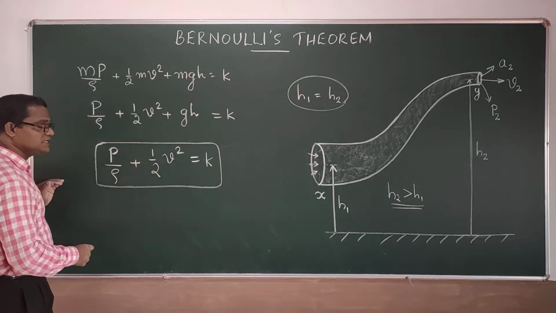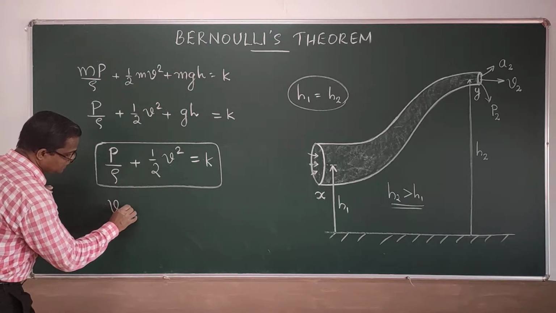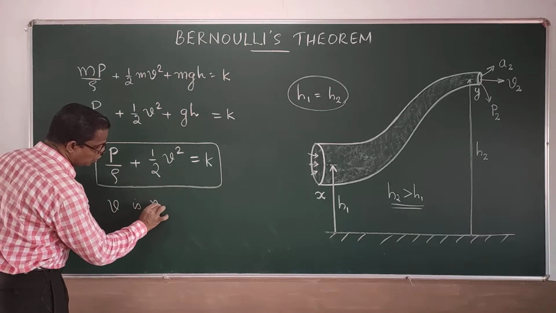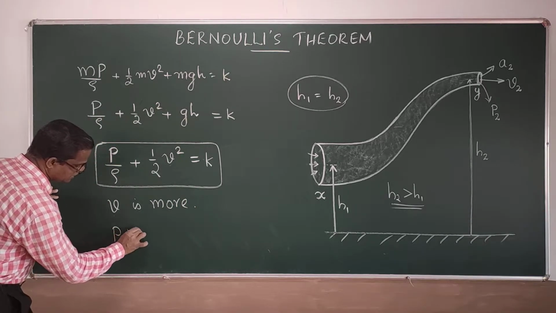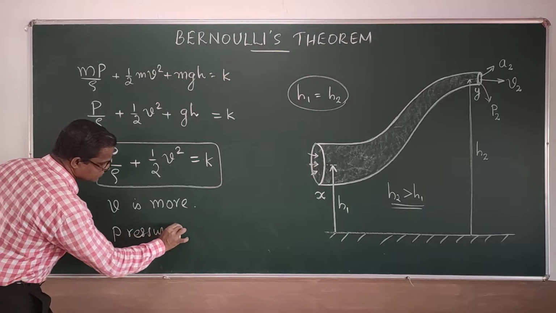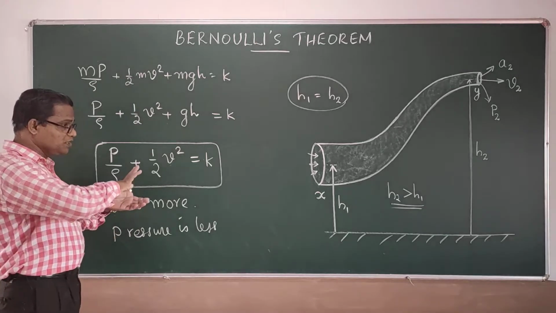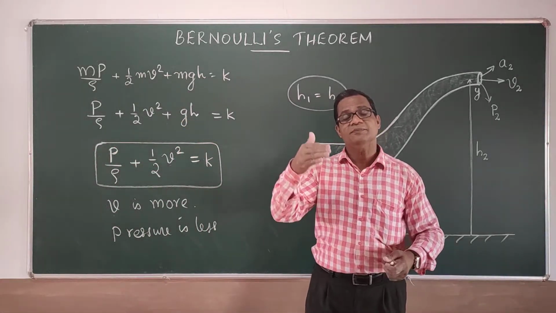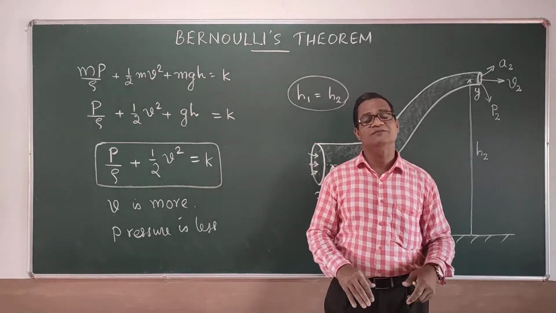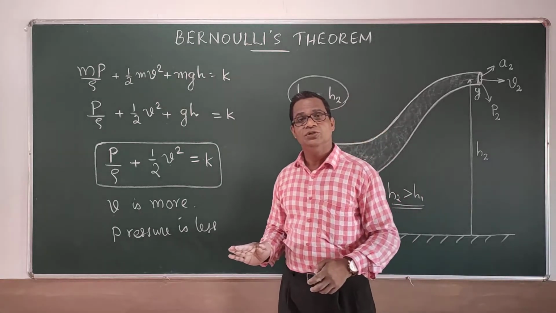In the section where the velocity is more, the pressure is less. If the speed of flow increases at a particular point, in that region the pressure reduces all of a sudden. This is a very important fact to be noted.